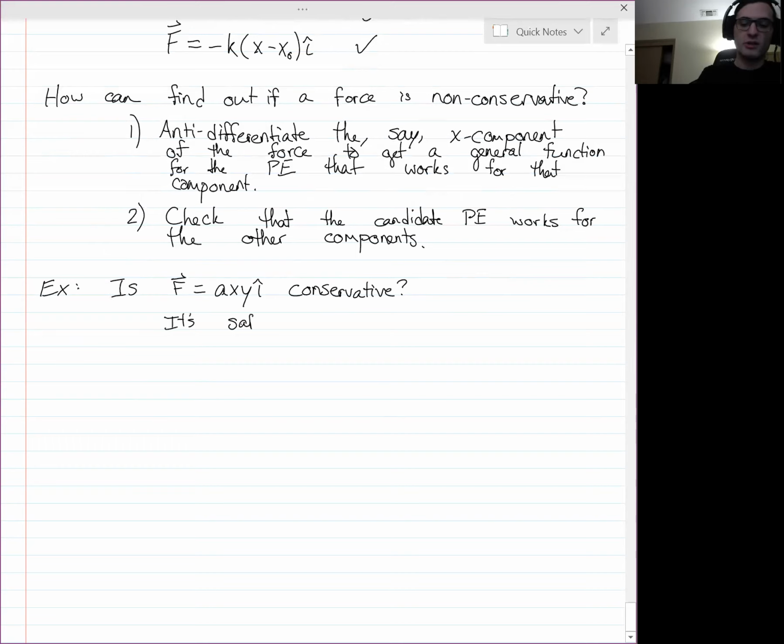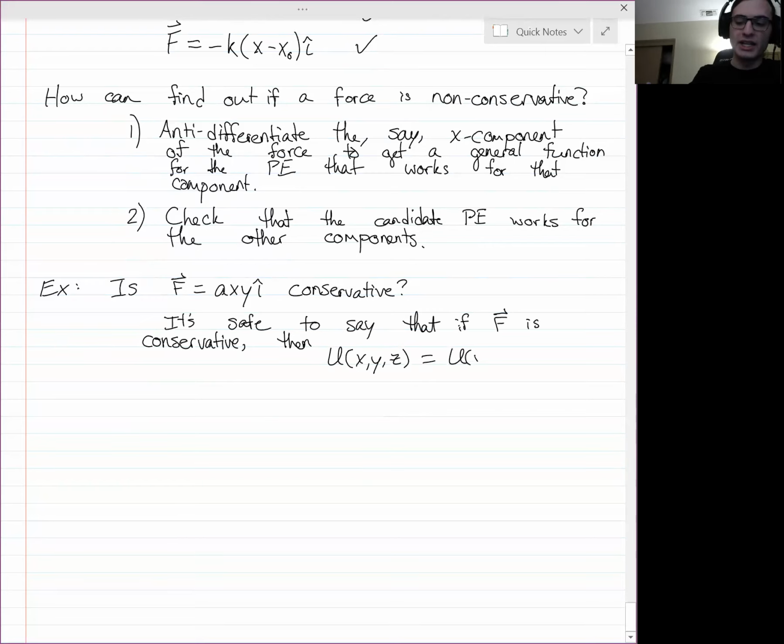It's safe to say that if it is conservative, then the potential energy function U of X, Y, and Z is actually just U of X and Y, i.e., there's no k hat direction here, and there's no Z in the function at all. So there's no way that any derivative of this will include any part of this, right?